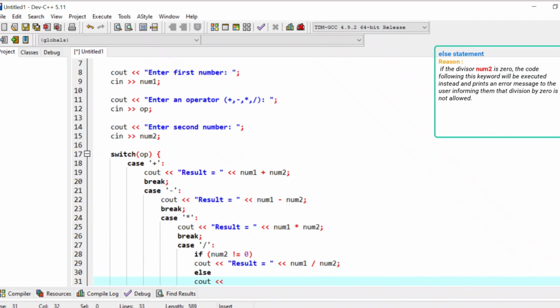But if the second number is 0, the program prints an error message saying Division by 0 is not allowed.